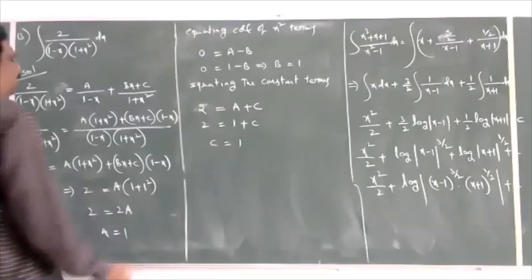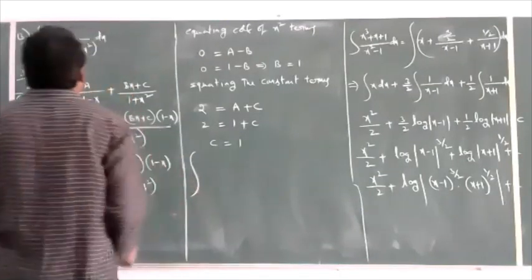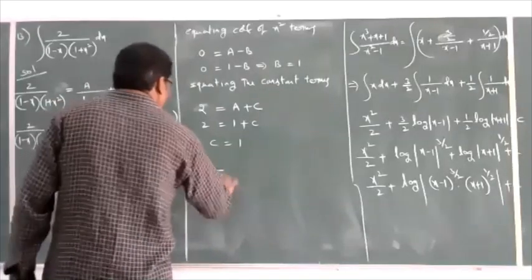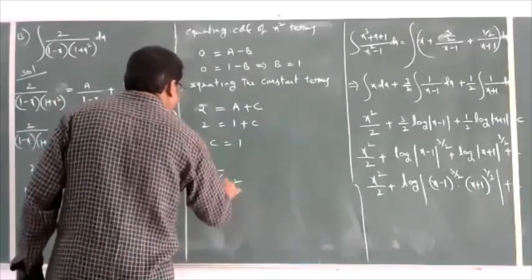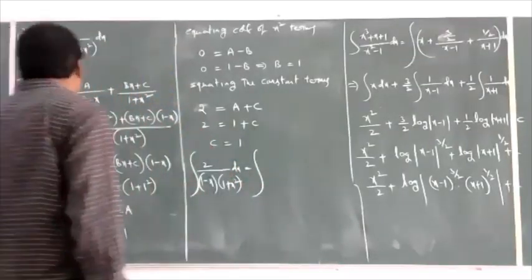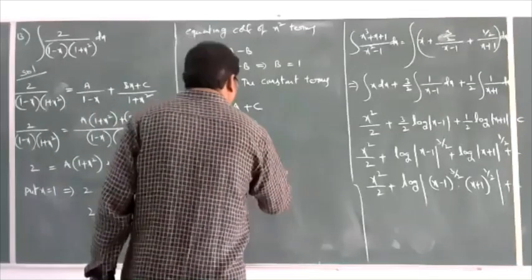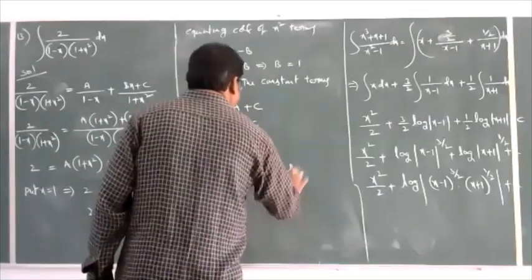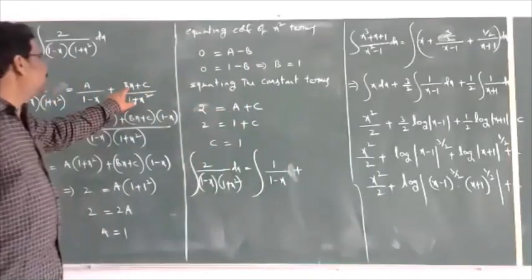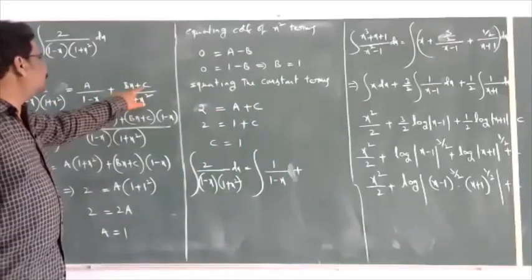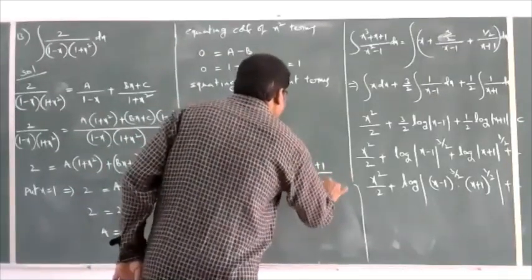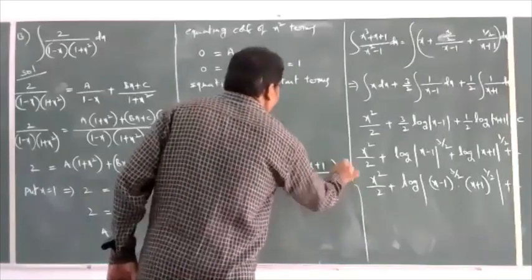Then substitute. Integral of 2 by (1 minus x) into (1 plus x square) dx is equal to integral of A, which is 1 by (1 minus x), plus (Bx plus C) by (1 plus x square) dx. B is 1, so 1 into x means x plus 1, that is (x plus 1) by (1 plus x square) dx.